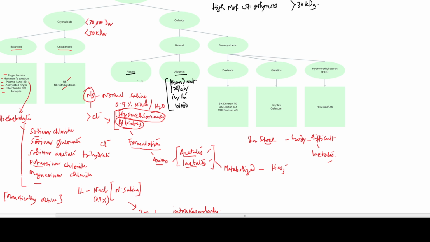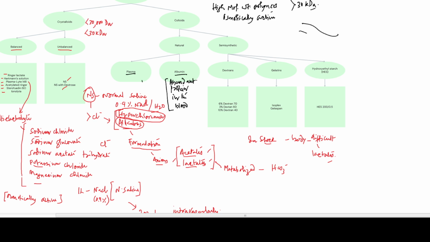It contains plasma proteins, and those plasma proteins are responsible for the osmotic effect. So we said that colloids are osmotically active. They are highly osmotically active, which means if they are injected intravenously, they tend to remain in the vasculature.